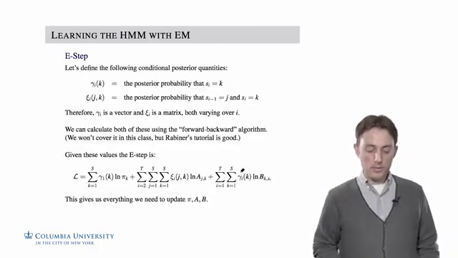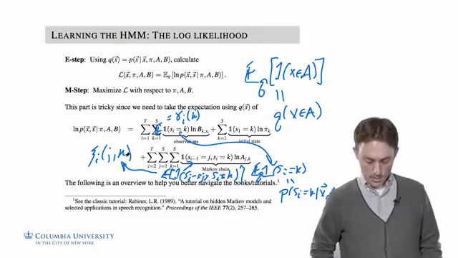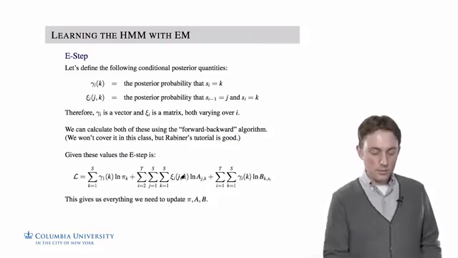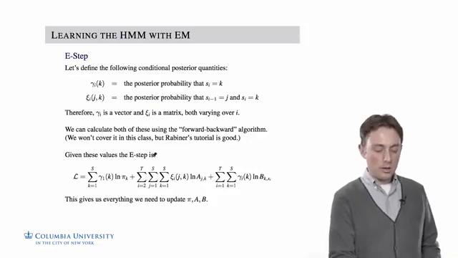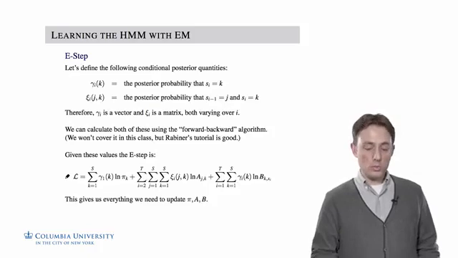Here we define the expectation of this to be gamma ik. That's what this is here. And then one more, we define the expectation of this thing to be psi ijk. That's what's going on here. So I've taken the expectation of the log of the joint likelihood using Q, and I get something that looks like this.